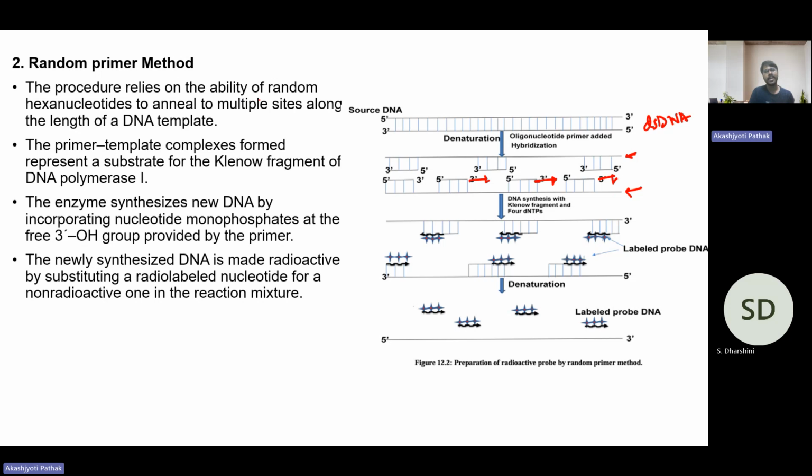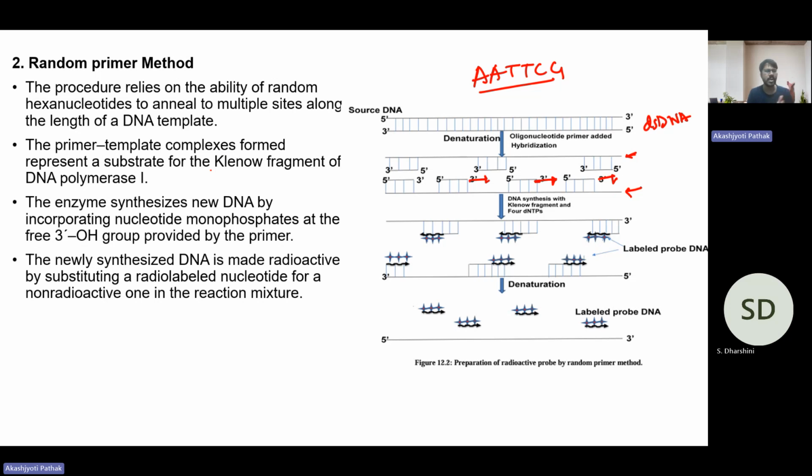It depends on the ability of random hexanucleotides. You are using hexanucleotides to anneal to multiple sites along the length of a DNA template. Hexanucleotide means any 6 nucleotides, it can be ATTCCG or any random hexanucleotide that is synthesized, and then the DNA is separated and this random primer is added to your DNA.